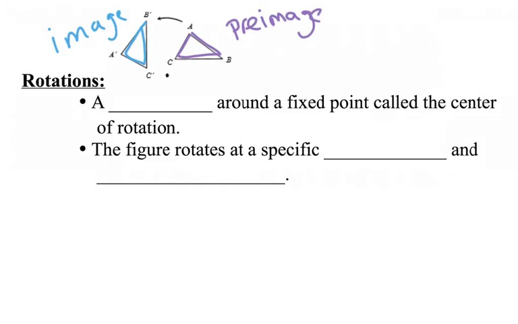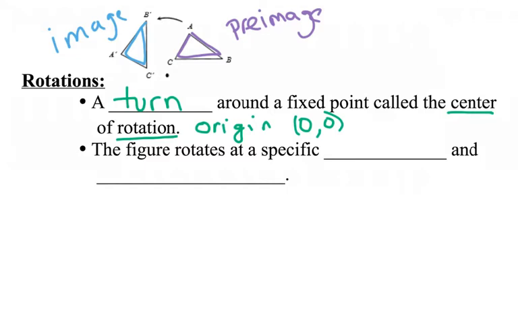Okay, so a rotation is a turn around a fixed point called the center of rotation. When we talk about the center of rotation in this class, we will only talk about the origin, or if you don't remember what the origin is, the point 0, 0. So every time we rotate something, every time we turn something, we're going to turn it around that point 0, 0.